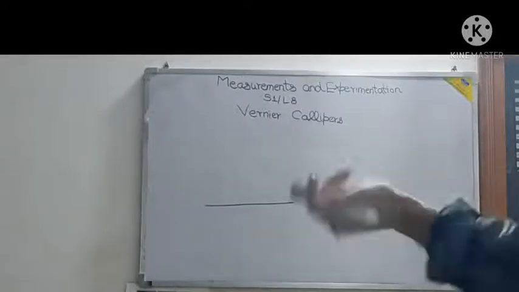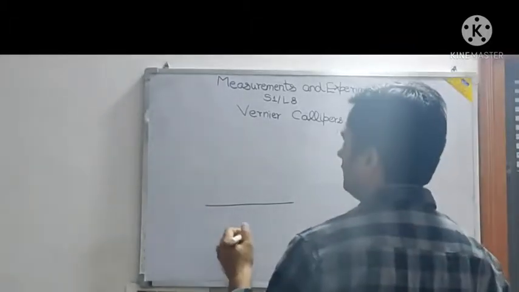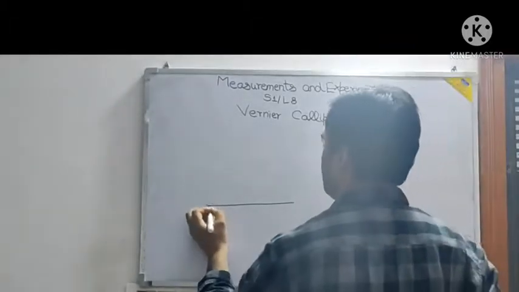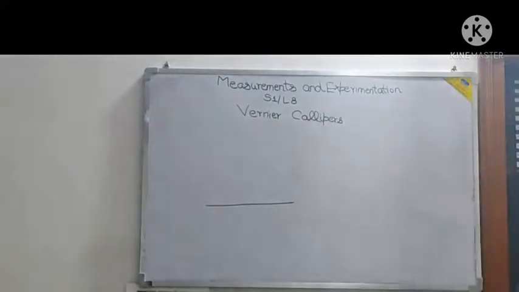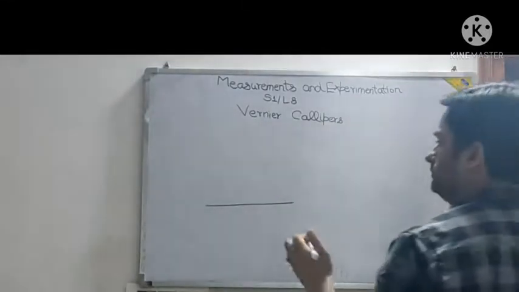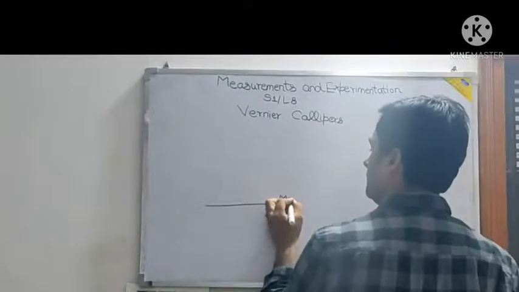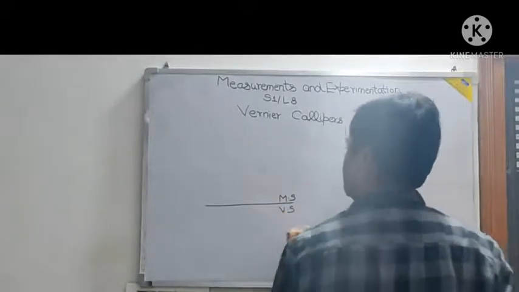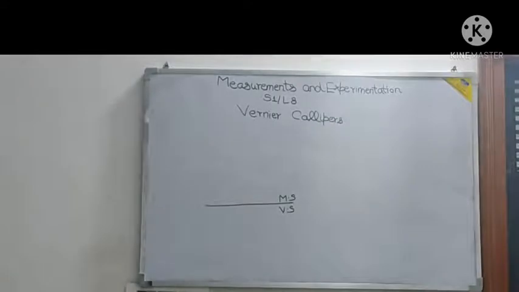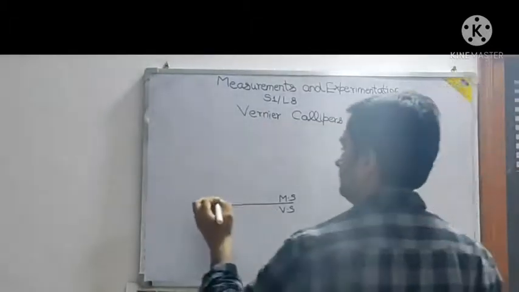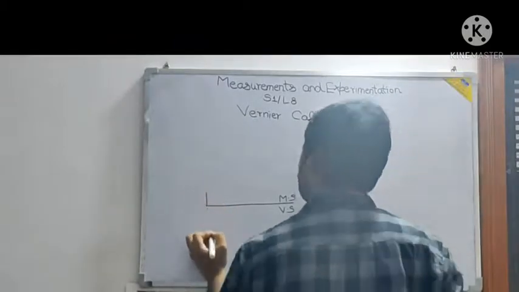Okay, so already one main scale is given. Now see here, where is the 0? So this is the main scale and this is the vernier scale. Let me draw it first. There is some value.